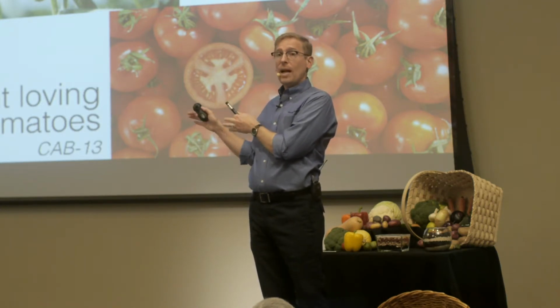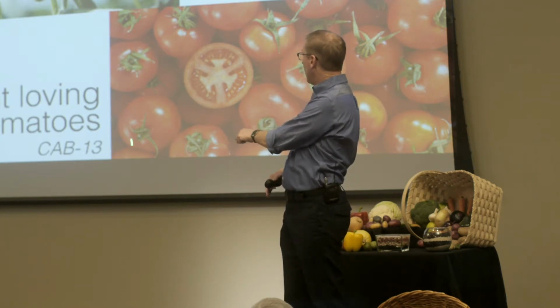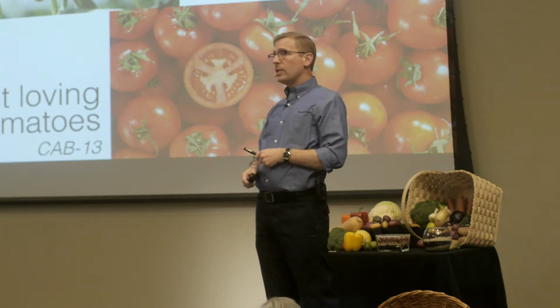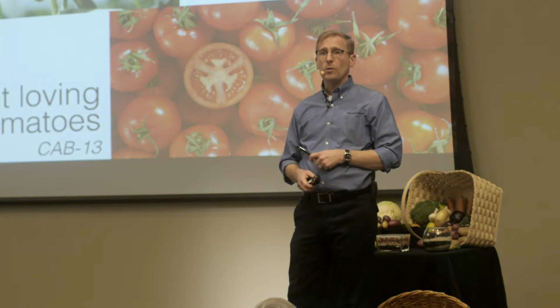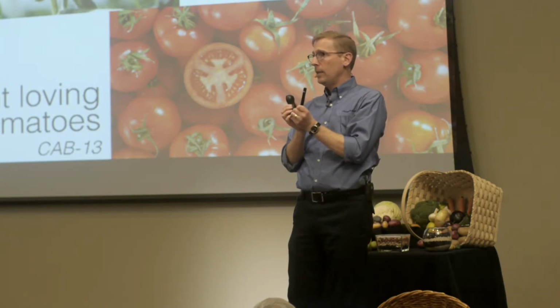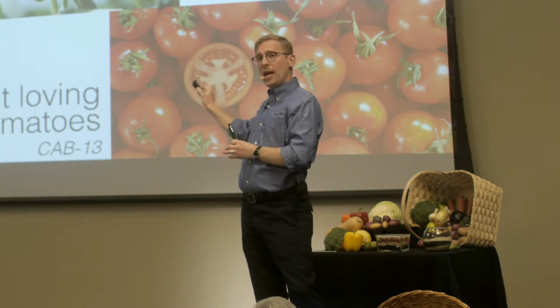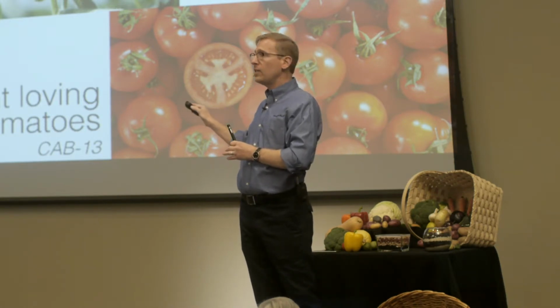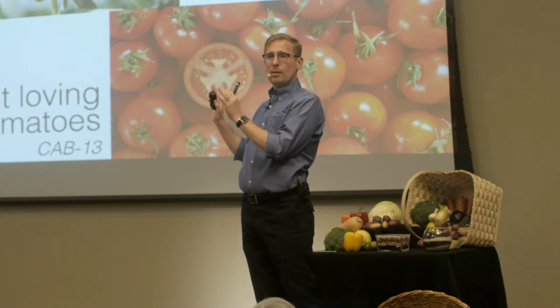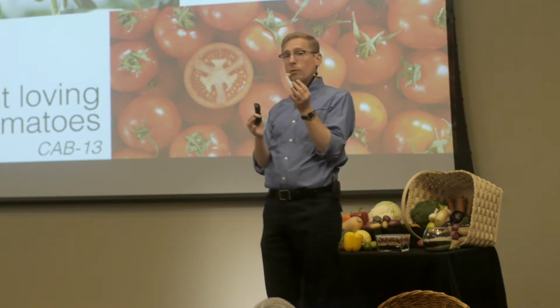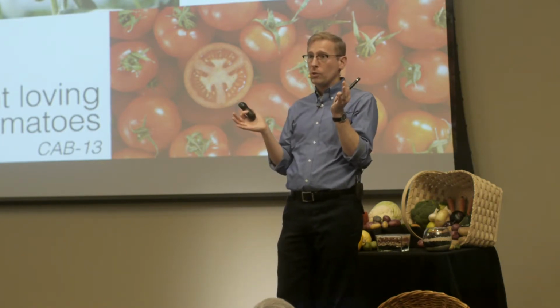So they've identified the specific gene, CAB13. CAB13 is involved in the process of photosynthesis. It helps capture light. And in the commercial varieties of tomato, the specific change in this gene means that after about 16 hours, it's tapped out. It can't continue to function. But the wild variety functions just fine 24/7.